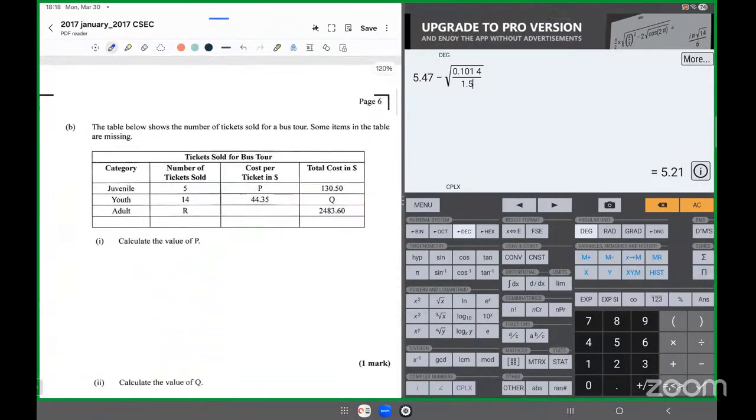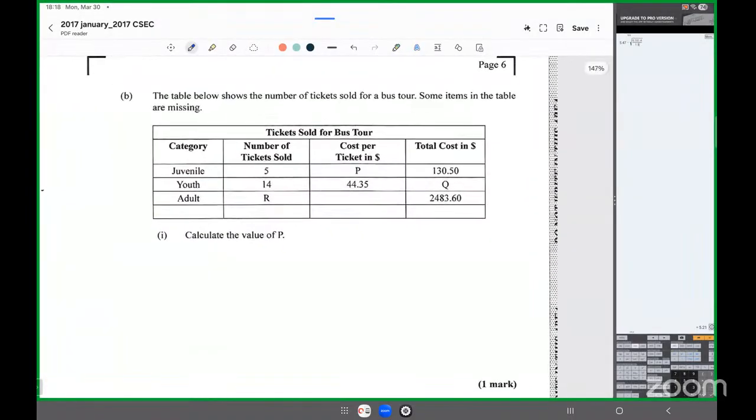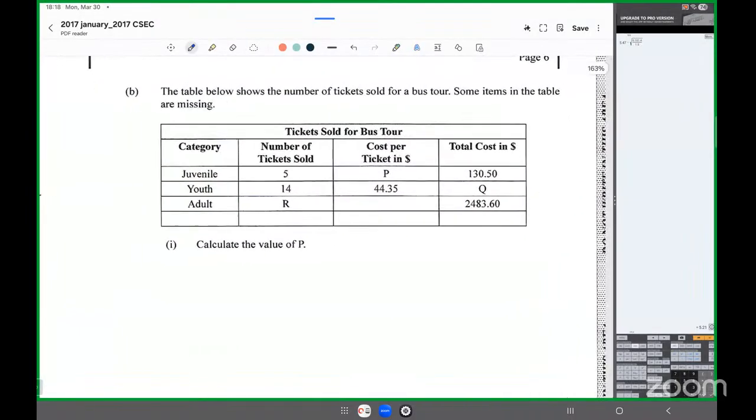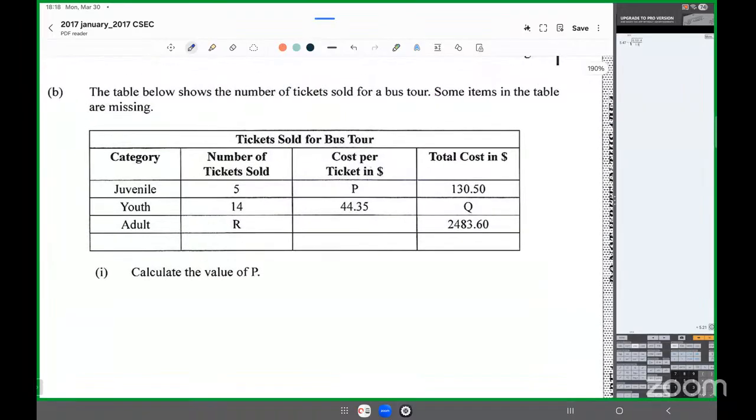All right, then we'll come to this question now. This question says, the table below shows the number of tickets sold for a bus tour. Some items in the table are missing. All right, let's read out what the table is showing. You have juvenile ticket, youth ticket, adult ticket, right?